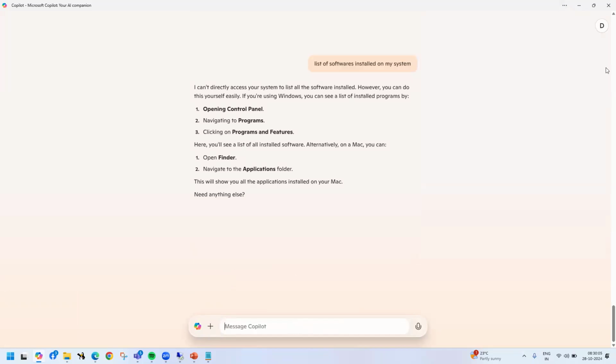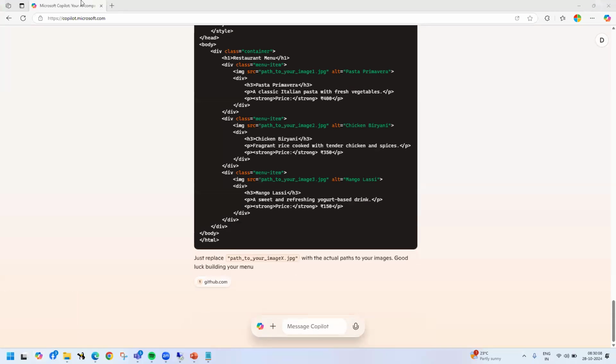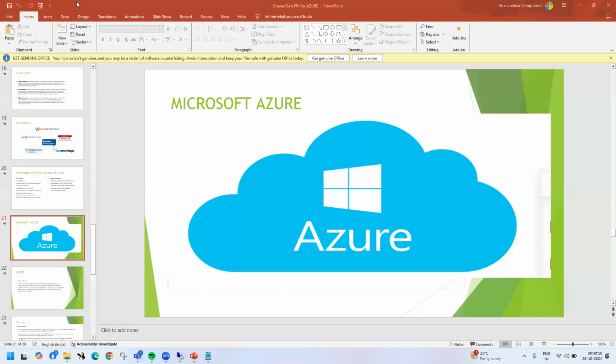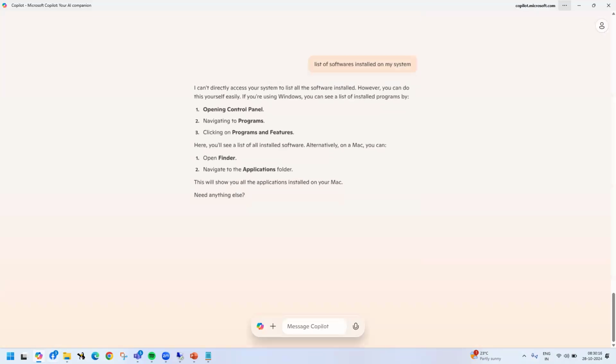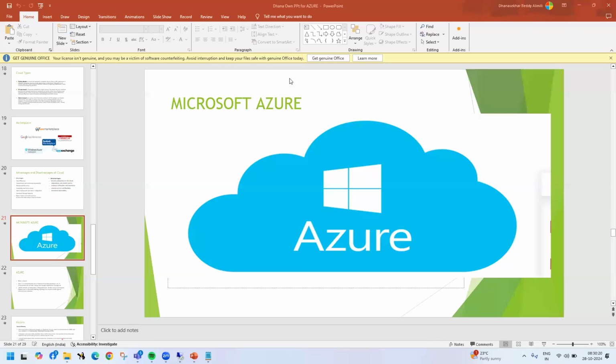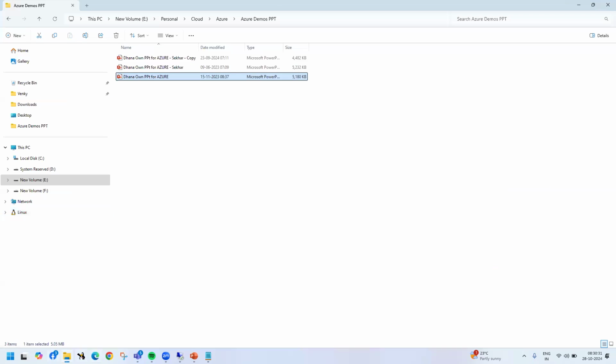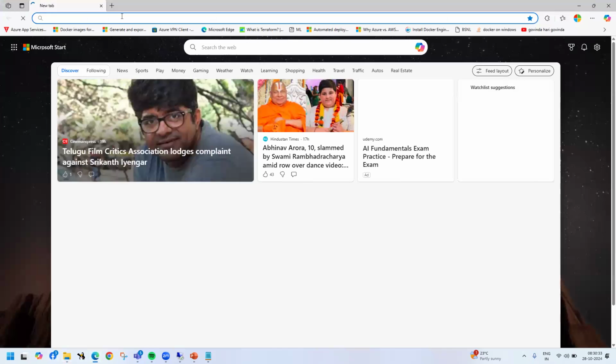Okay. So what softwares have been installed in your system? It will give the list. That is on the Windows machine. I am opening the Copilot from my Windows machine. Okay, so this Copilot is there for what? All Microsoft products, as I said, MS Office, like Word, PPT, Excel, and even the browser, even the Microsoft Azure portal.